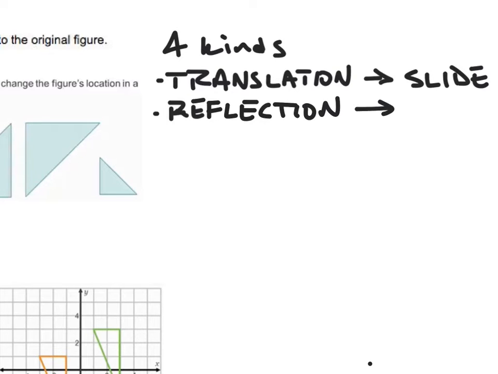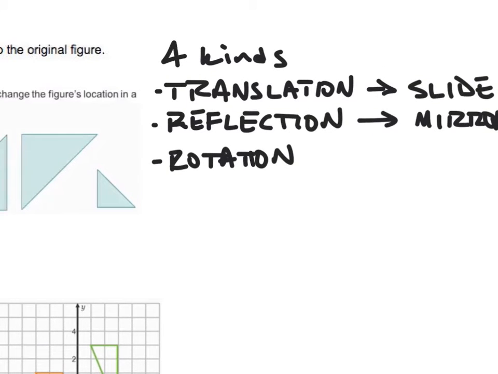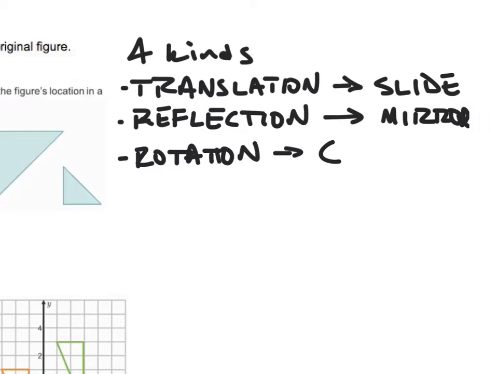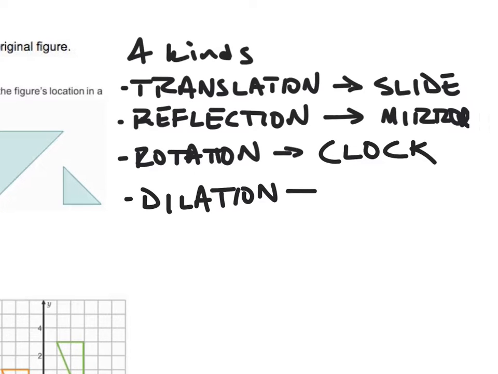Okay, and that's, I use the word mirror. We have the word rotation. Okay, rotation, there's an I in there. And that is, I like to think of a clock. Okay, and then we have what's called a dilation. Okay, and that's something where we change the size.